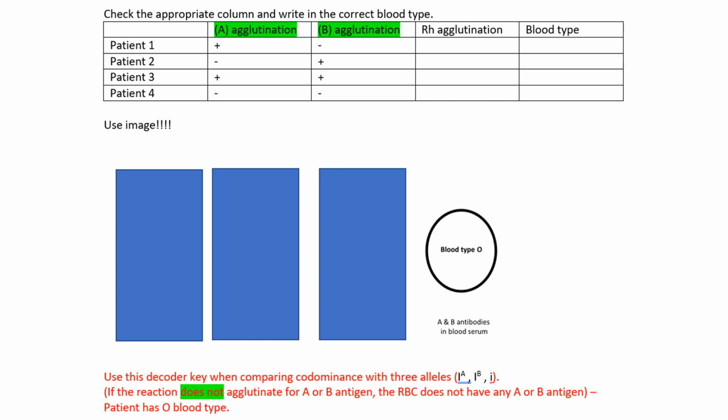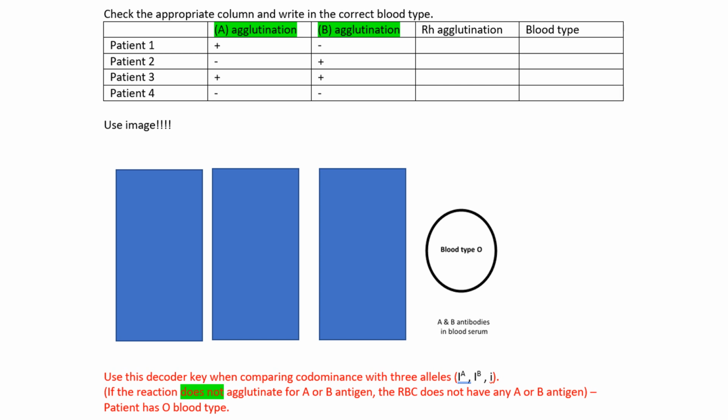The last one, this person was patient 4, and they didn't exhibit any agglutination. So that means their red blood cell didn't have any markers on it that were foreign, that were antigens.